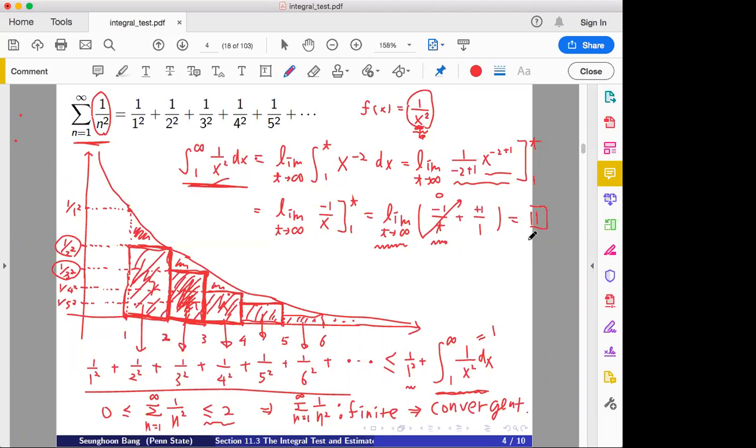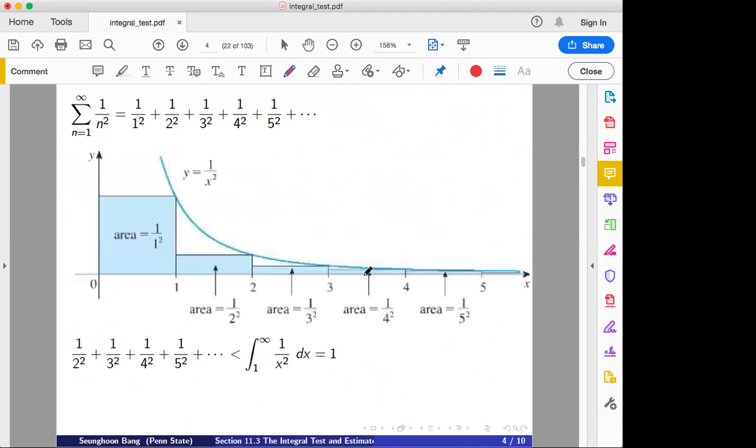The improper integral is equal to 1. What does it mean? The improper integral is convergent. So the corresponding series is also convergent. We call this the integral test.